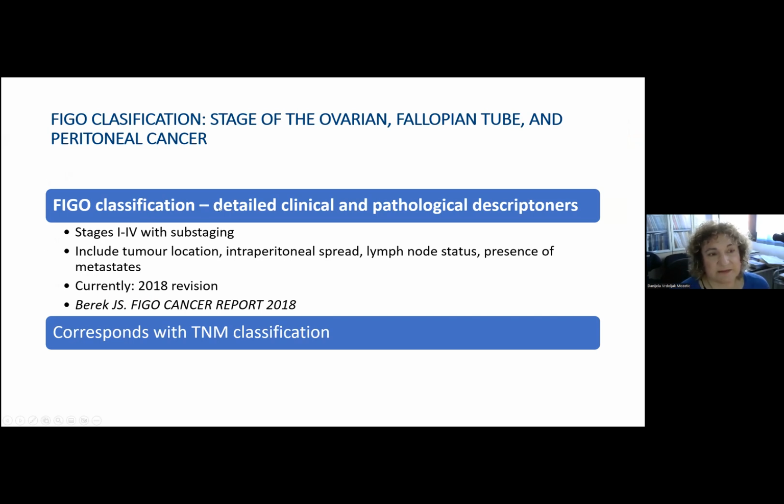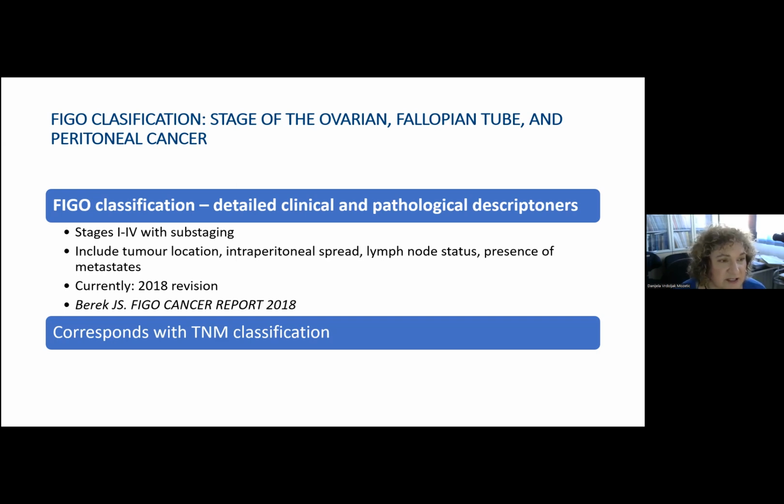This was the part with the morphology, and now I would like to talk about the FIGO classification and the role of cytology in the staging of ovarian, fallopian tube, and peritoneal cancer. So, the FIGO classification has detailed clinical and pathological descriptors.